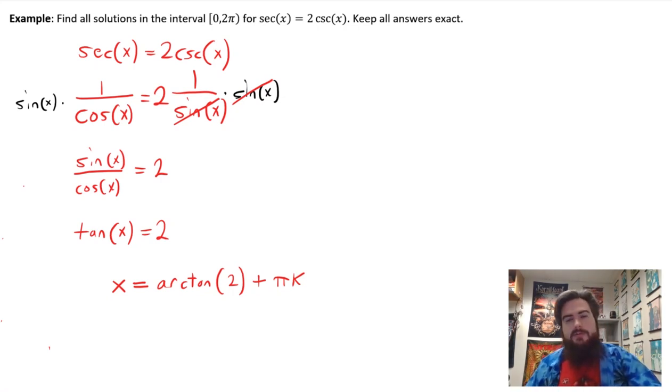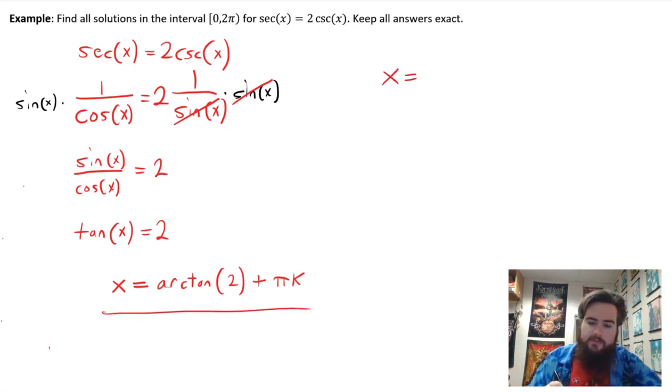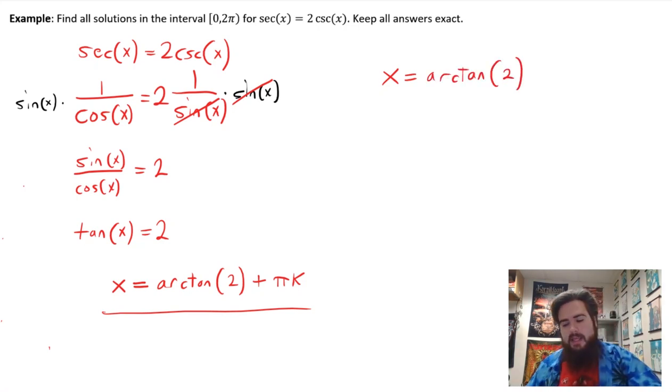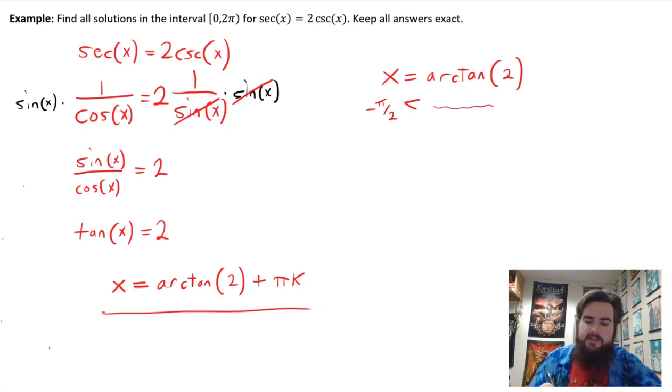We need the answers between 0 and 2 pi, so let's use this to generate those. Starting with the first solution there, arctangent of just 2. This value, because of what we know about arctangent, has to be an angle measure between negative pi halves and pi halves.